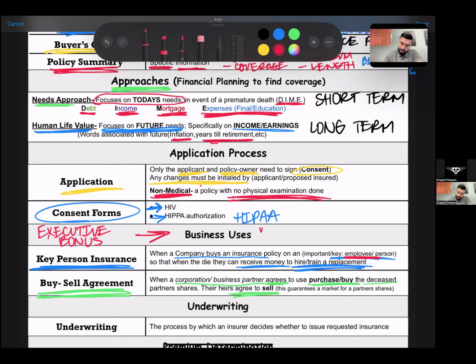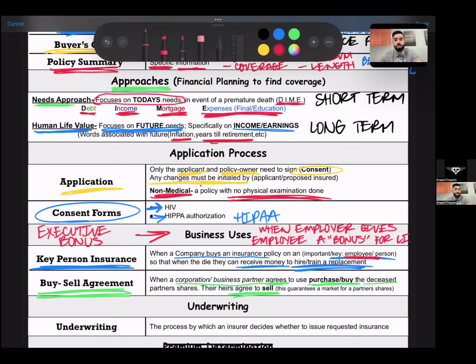It is when the employer, so the company, gives the employee a bonus or wage increase for life insurance.